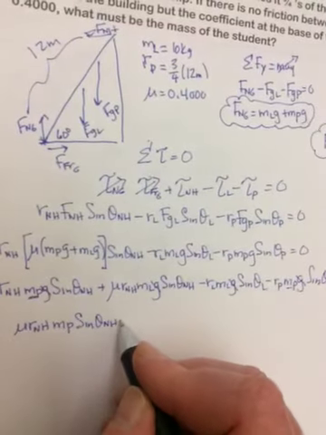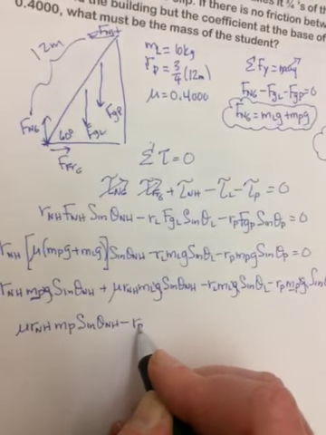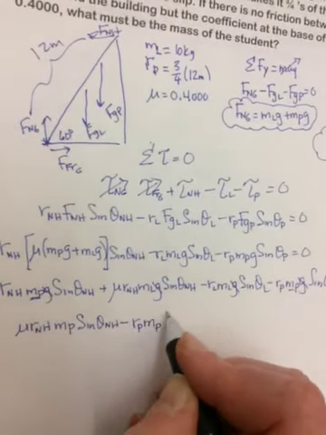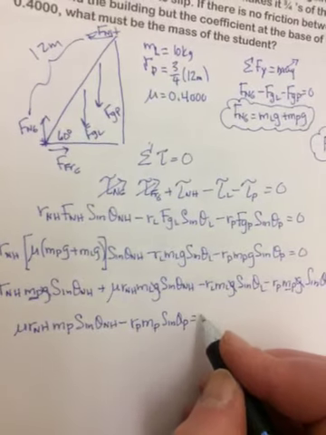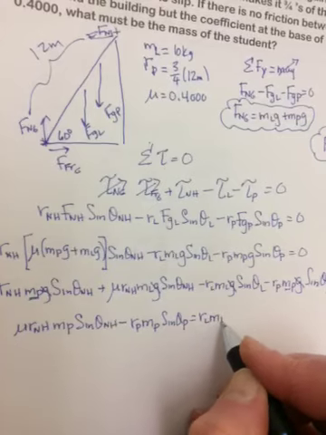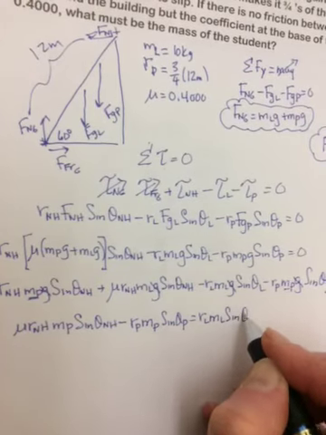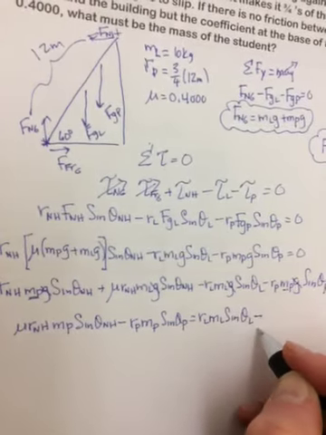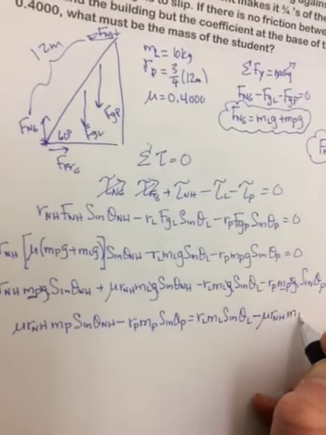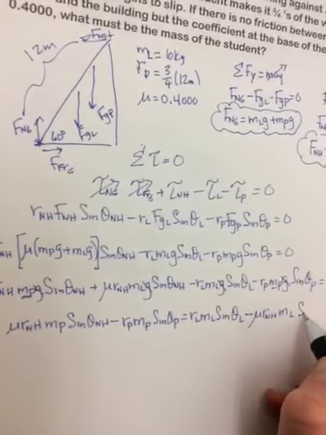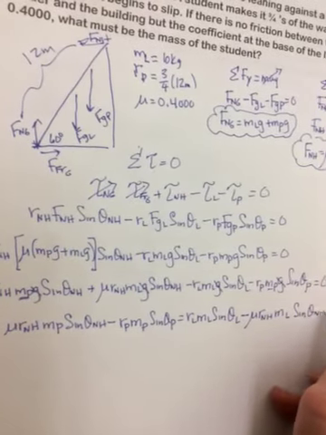And the other term is minus R of the person, m of the person, sine theta of the person. And take the other two over, R of the ladder, m of the ladder, sine theta of the ladder, minus mu R normal of the house, m of the ladder, sine theta normal of the house.